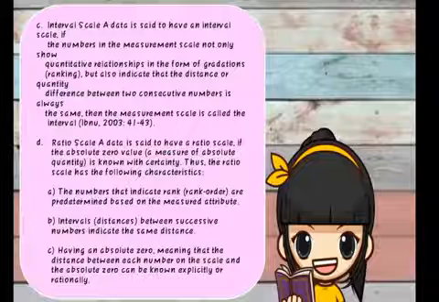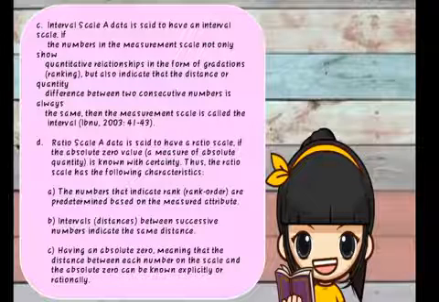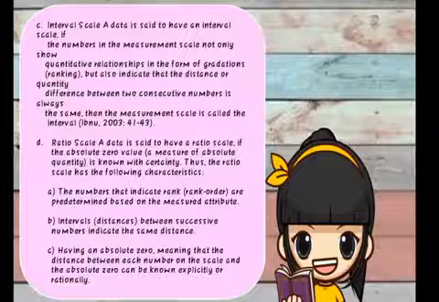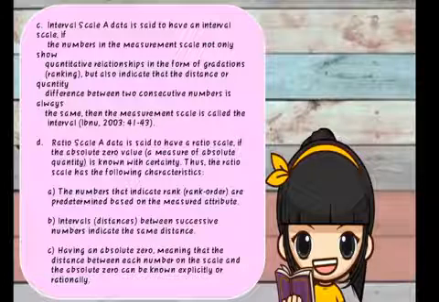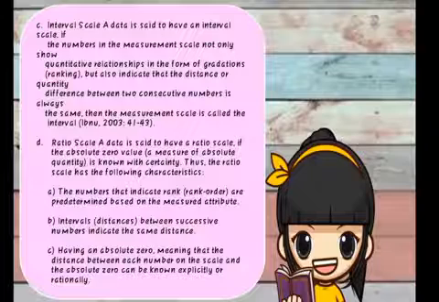A data is said to have a ratio scale if the absolute zero value, a measure of the absolute quantity, is known with certainty. Thus, the ratio scale has the following characteristics. Number 1. The numbers that indicate rank order are predetermined based on the measured attribute. 2.